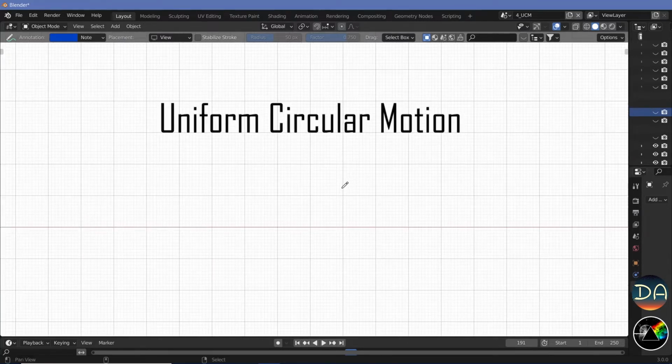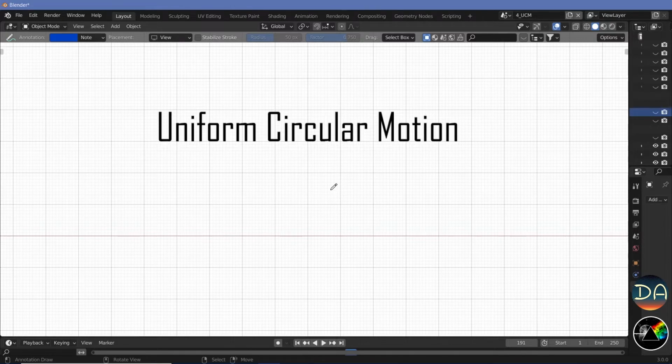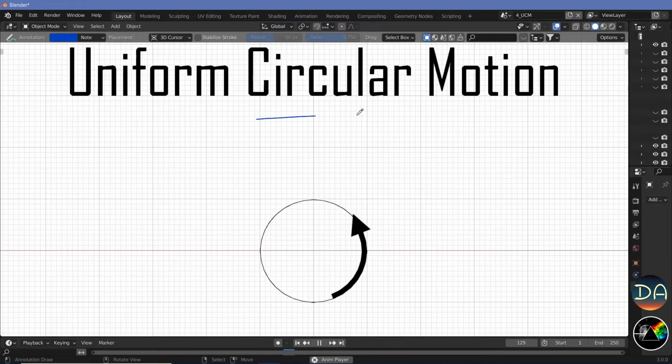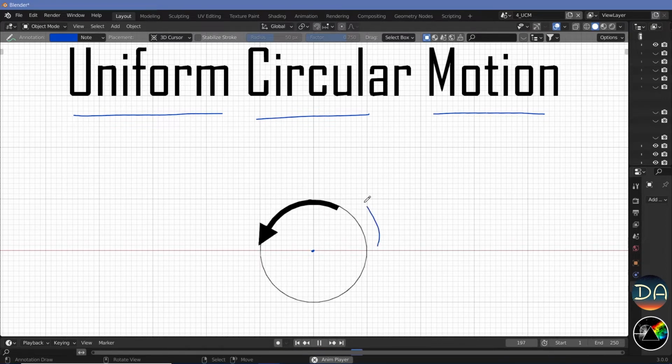To start off, let's find out what is uniform circular motion. So, circular motion is whenever any object is following a circular path. The term uniform comes when we say that it's covering equal distances along the path as it moves in equal intervals of time.